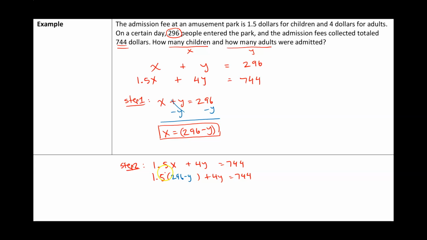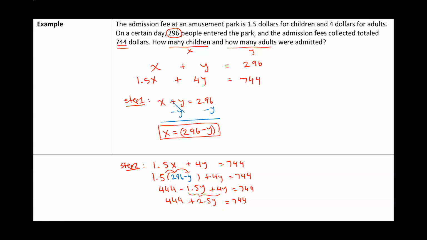So if I distribute this, I get 1.5 times 296, which is 444, minus 1.5 times y, which is 1.5y, plus 4y equals 744. I combine my like terms. So negative 1.5y plus 4y is 2.5y. And feel free to use a calculator: negative 1.5 plus 4 gives you 2.5y.